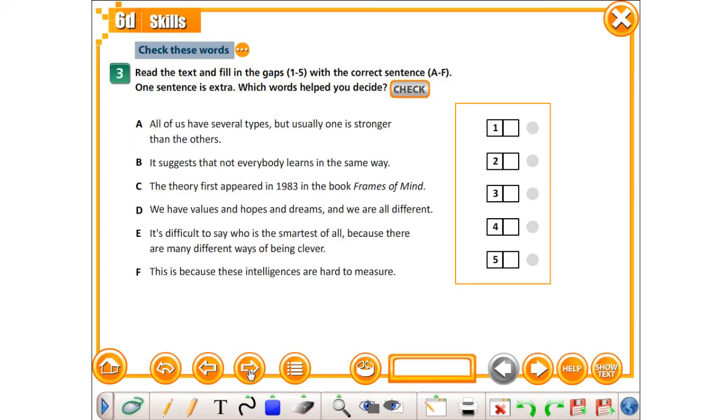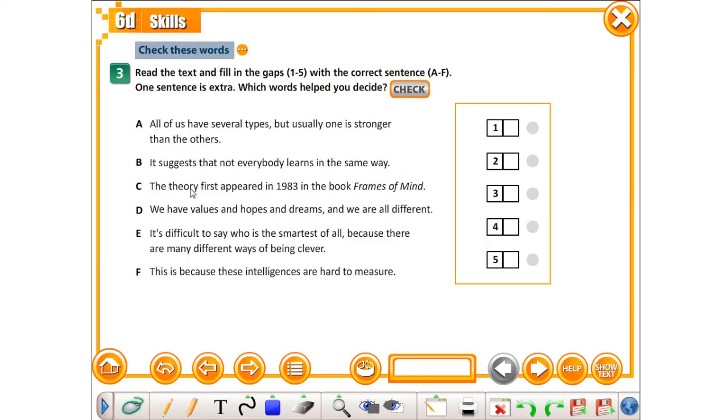Exercise 3. Read the text and fill in the gaps 1-5 with the correct sentence A-F. One sentence is extra. Which words help you decide? A. All of us have several types, but usually one is stronger than the others. B. It suggests that not everybody learns in the same way.